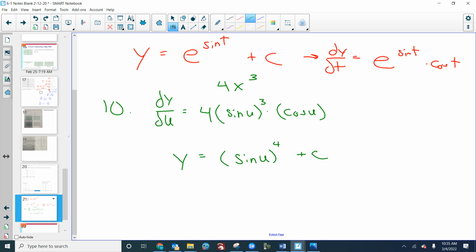Isn't that derivative going to be 4, leave the inside alone, to the 3rd times the derivative of the inside, which is? And would you look at that? It matches up.